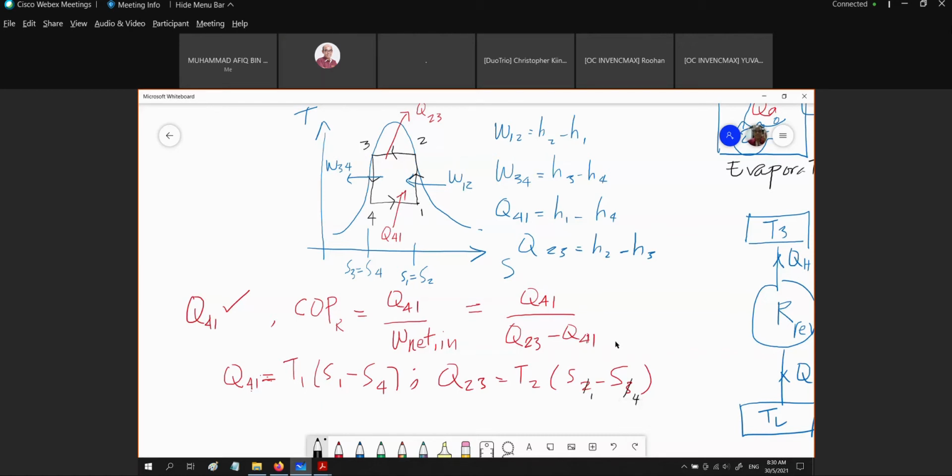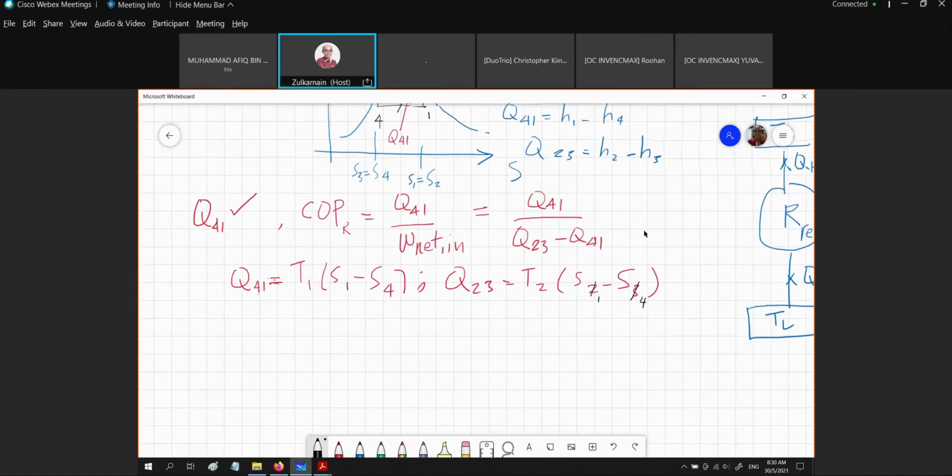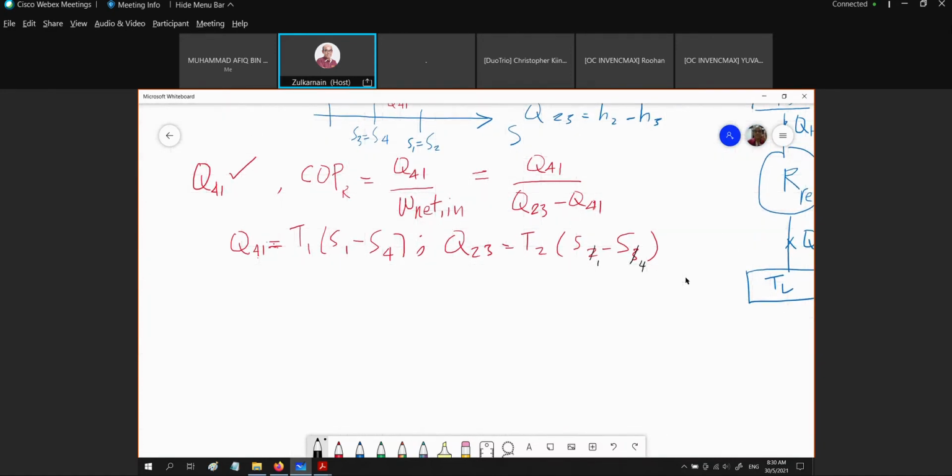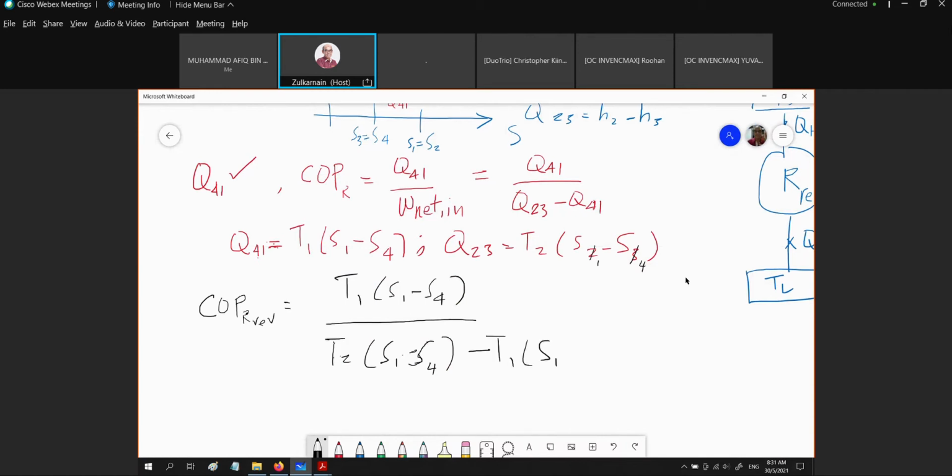Okay, and this COP of the refrigerator for a reversible Carnot cycle, we could write as T1 (S1 minus S4) divided by Q23, which is T2 (S1 minus S4), and Q41 is T1 (S1 minus S4).